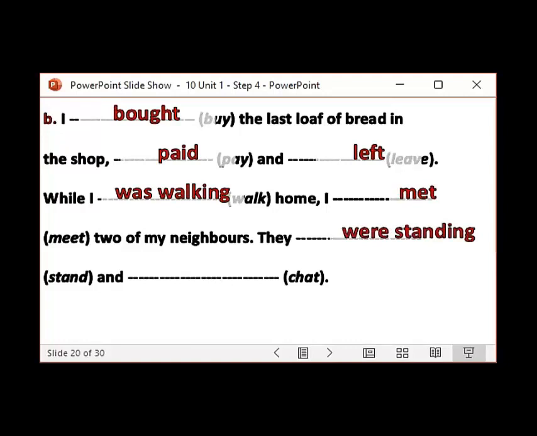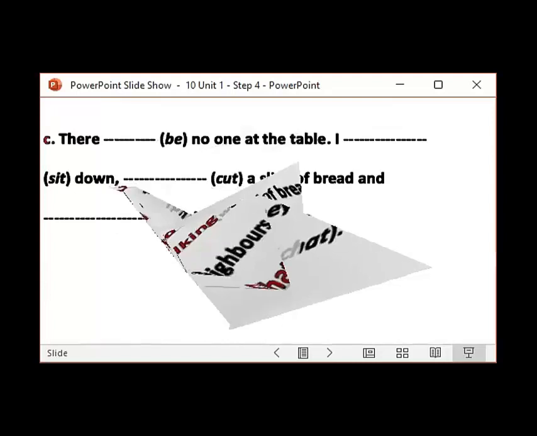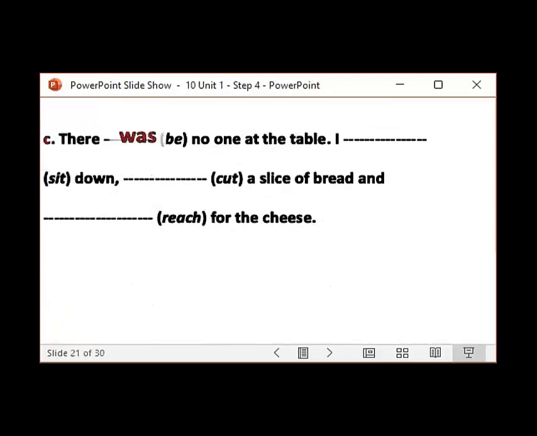They were standing and chatting. There was no one at the table. I sat down, cut a slice of bread, and reached for the cheese.